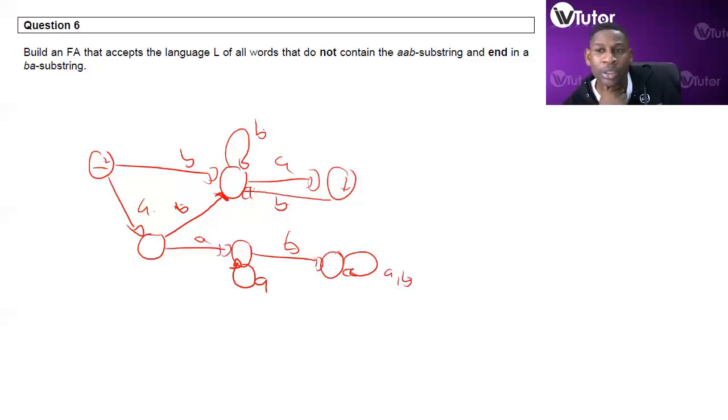So this one has got A and B, this one has got A and B, this one A and B, this one A and B, this one with A and B, this one only has got a B, does not have an A. So if you encounter an A, where do you go to? If you encounter an A, you want to be able to go somewhere.